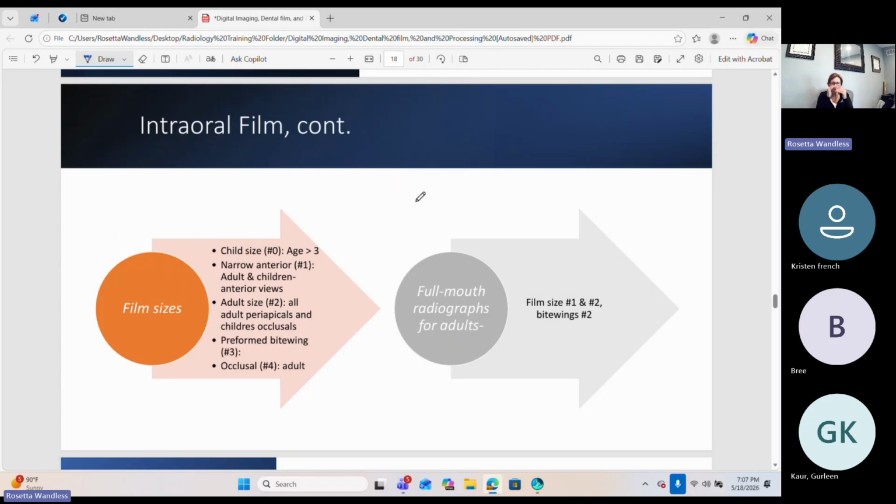So it can capture an anterior root, but if I wanted to take a molar shot, molars are significantly bigger, and I might not be able to fit the whole tooth on that anterior size number 1 for an adult, okay? Children up to the age of 9 or 10, it works fine if we need to.